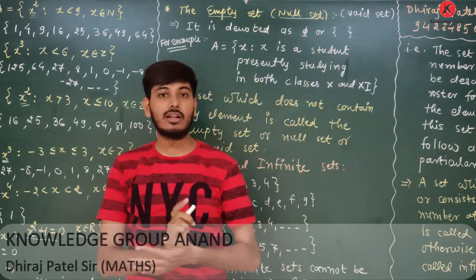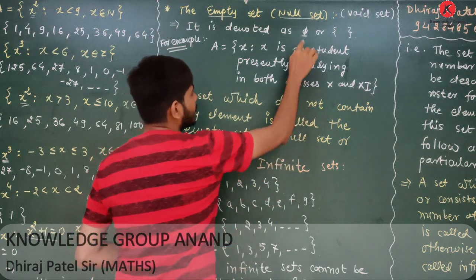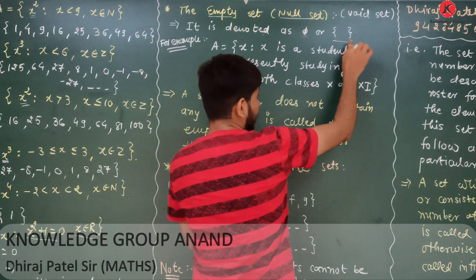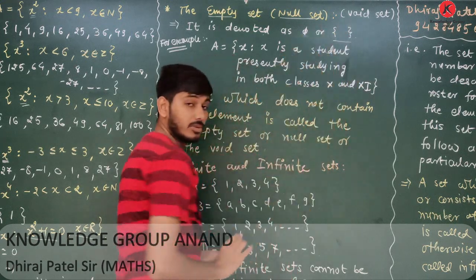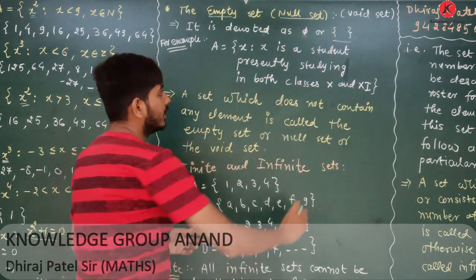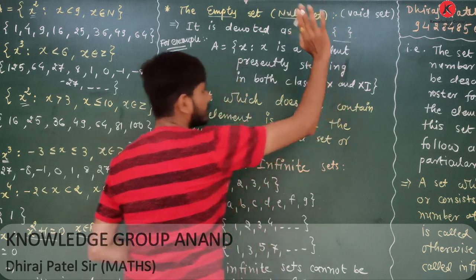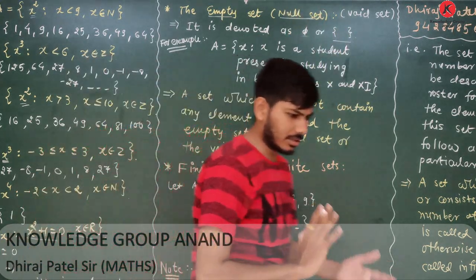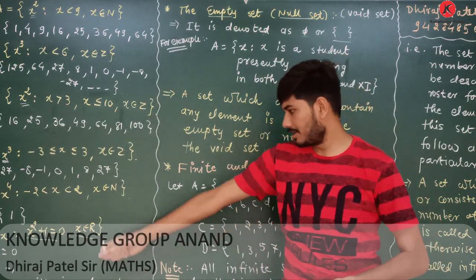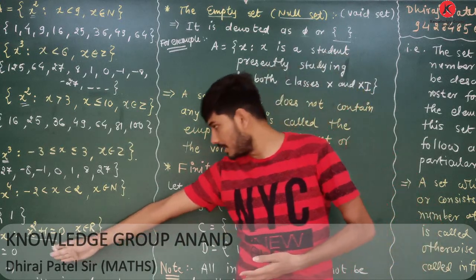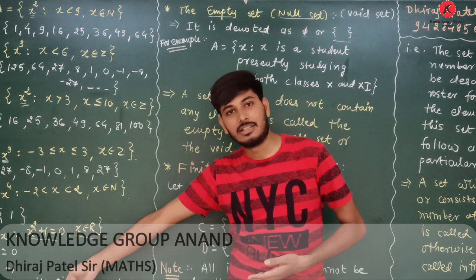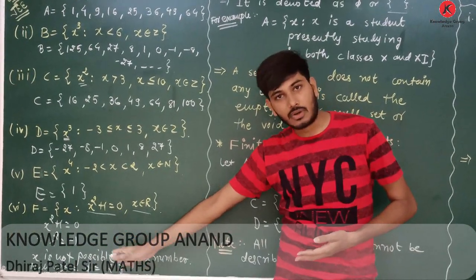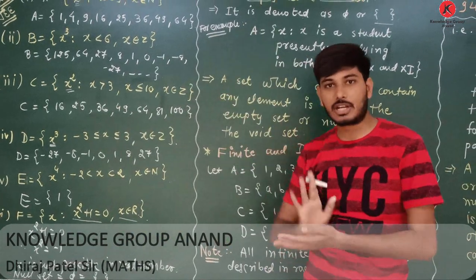This is the symbol, or we can read it as phi, or you can write it like this, curly brackets with blank. There is no element in this bracket. There are different examples given of the null set, the empty set.